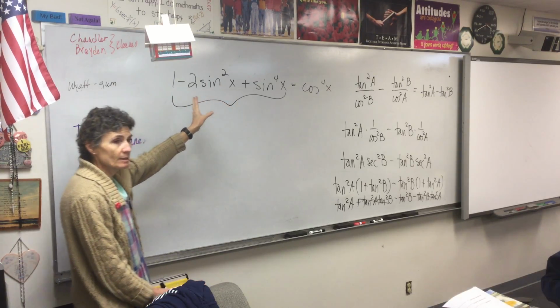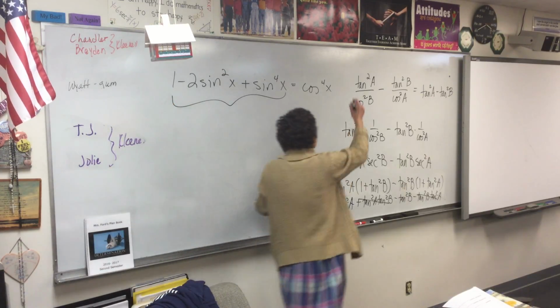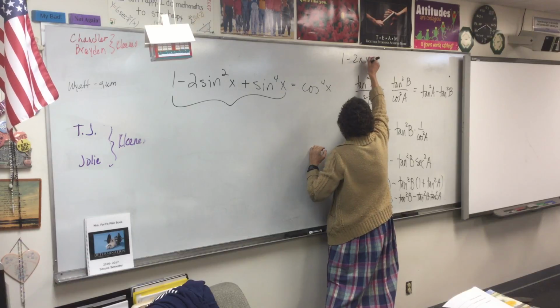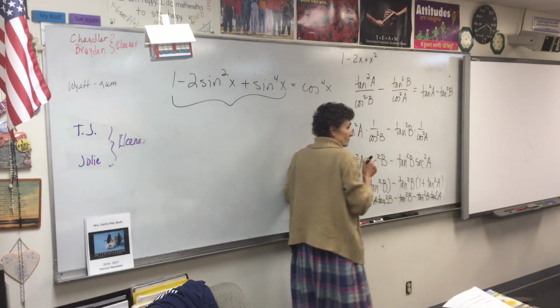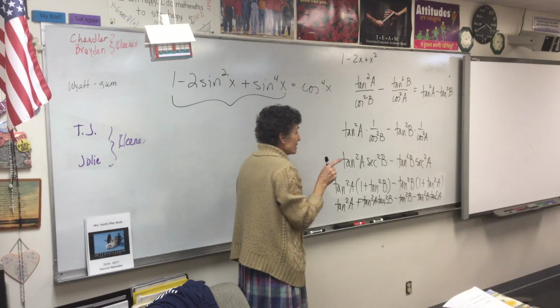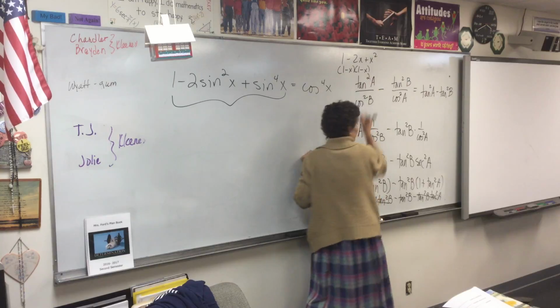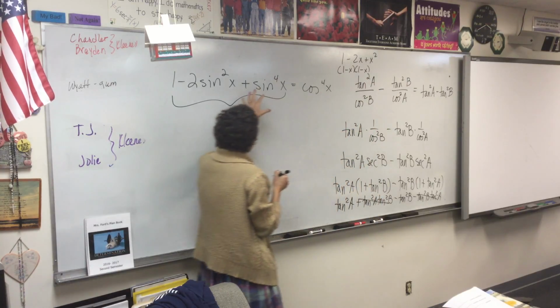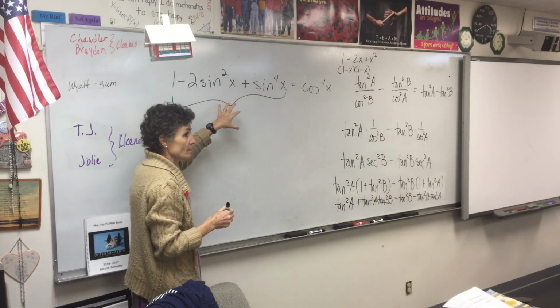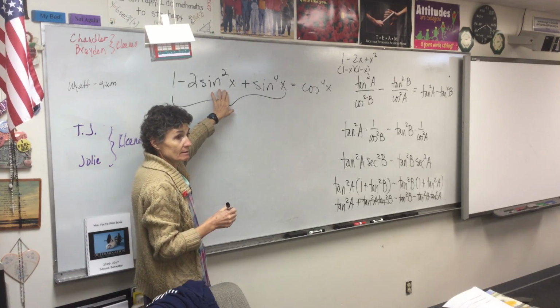It is the same as 1 minus 2x plus x squared. You can factor it. Now this would factor as 1 minus x, 1 minus x. What is my x in this problem? Not sine. Sine squared.